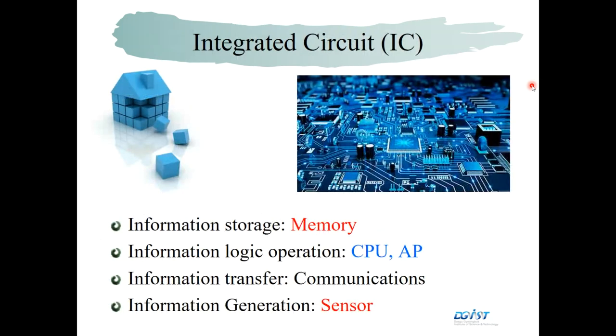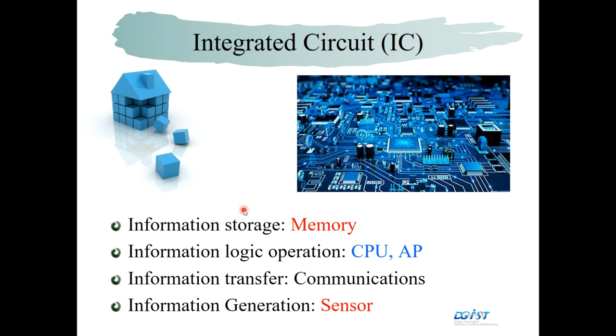We call this an IC, the acronym of integrated circuit. As you see in this cartoon, there are many small pieces, and they are all connected by wire. This is called an IC, and it is the building block of modern devices.